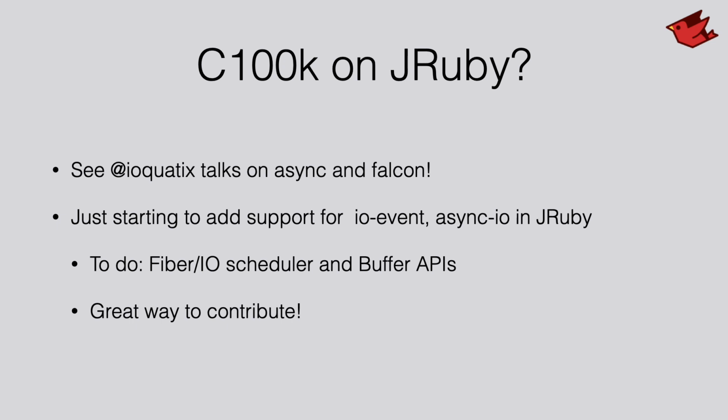You just saw we could spin up 100,000 fibers. If we configure the system to allow 100,000 sockets, we've got C100K running on JRuby. Still a bit more work here. The fiber scheduler and buffer APIs are shipping with JRuby, but still a little experimental. If you're interested in this, it's a great way for you to jump in and contribute.